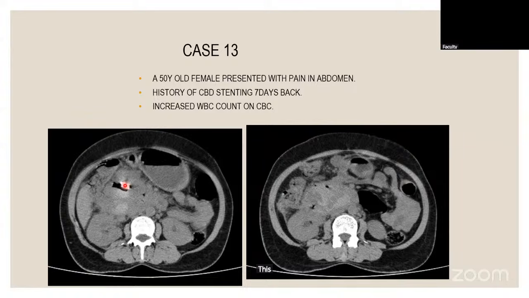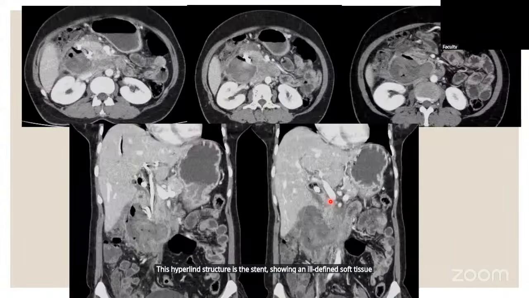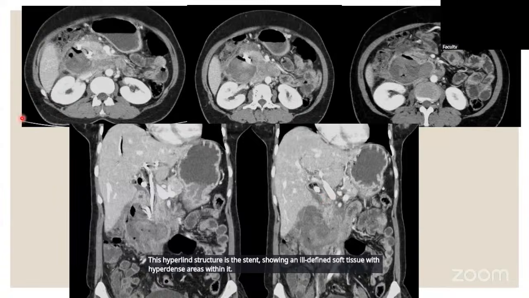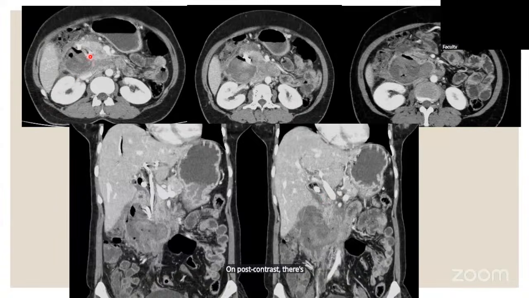This hyperdense structure is the stent, showing an ill-defined soft tissue with hyperdense areas within. On post-contrast, there is peripheral enhancement with internal no enhancement, suggestive of collection formation with presence of air fluid, a few air foci within. There is hyperdensity, which is showing no enhancement.